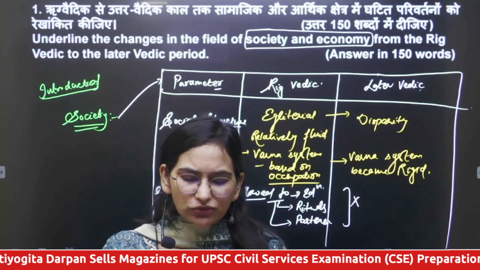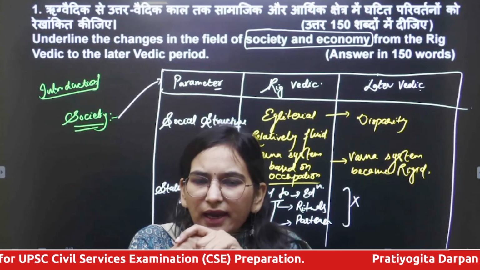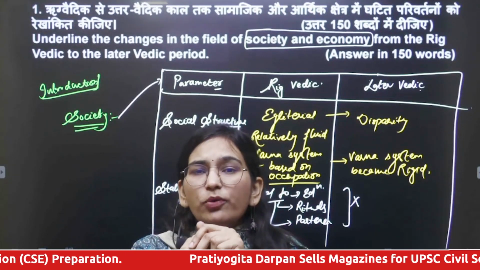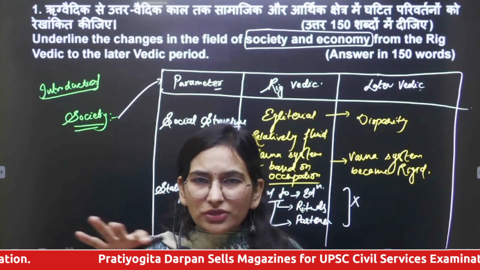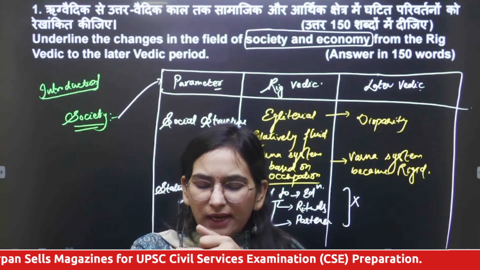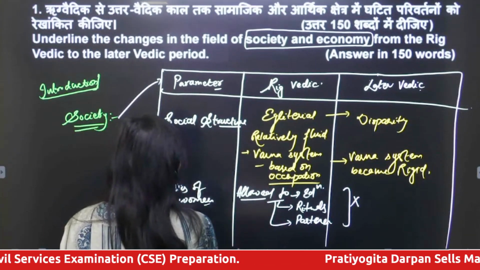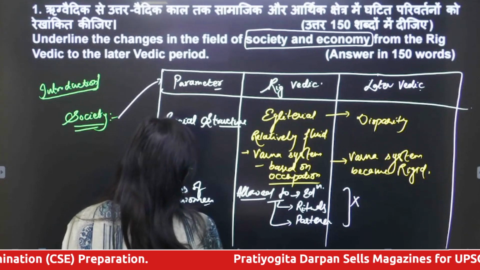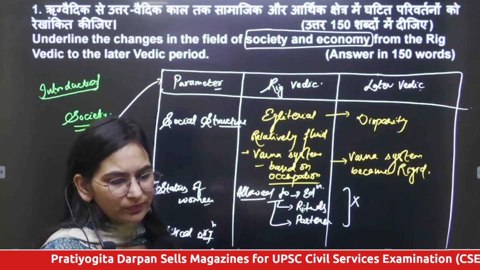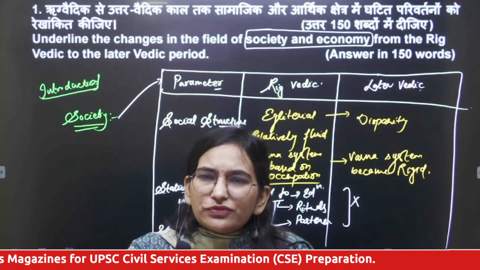What else do we need to discuss under society? The people out there, what kind of political organization or political power did they have? That is also part of society, no? Society is ruled by whom? So you can talk about political organization. Under this political organization, there would be tribal chiefs, and the Raja was there.